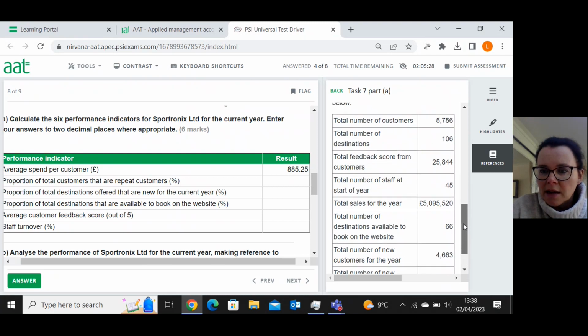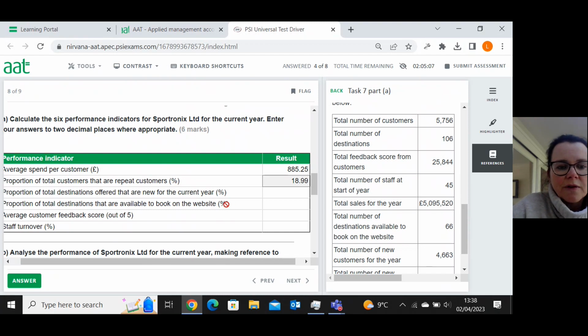So if I do 5756, my total customers, minus 4663, that will give me my repeat customers, and then divide that by my total number of customers and times by 100, so 18.99.